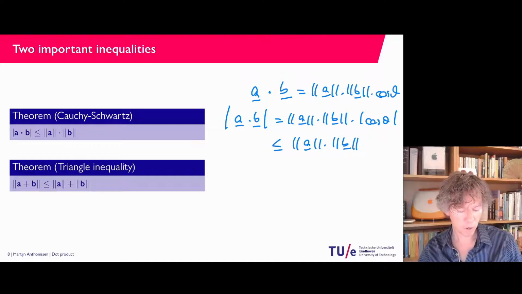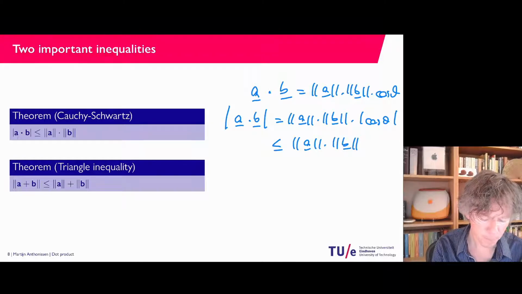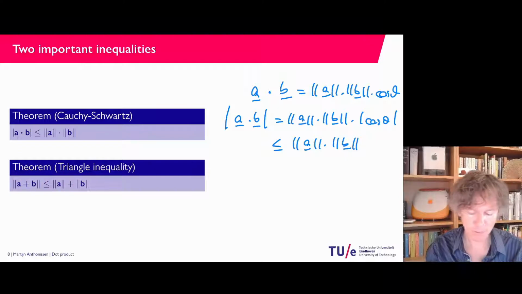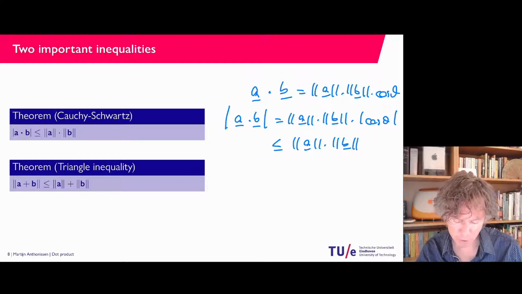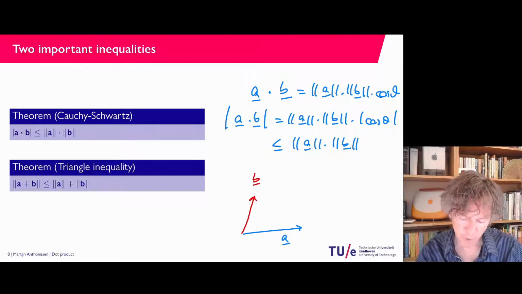And then the triangle inequality says that the length of A plus B is less or equal length A plus length B. And that also makes sense because we have seen that if you have a vector A and a vector B, you can find A plus B by drawing this parallelogram.